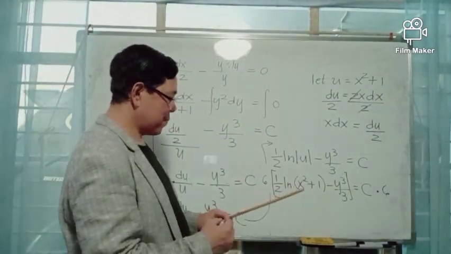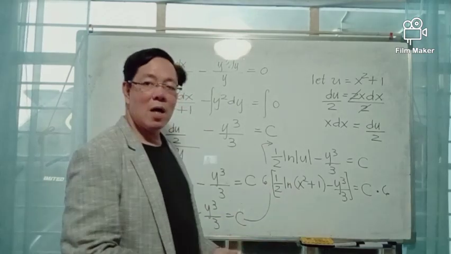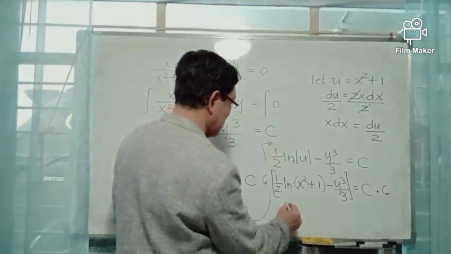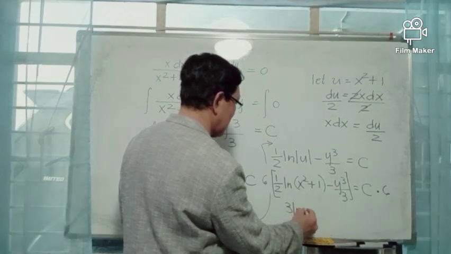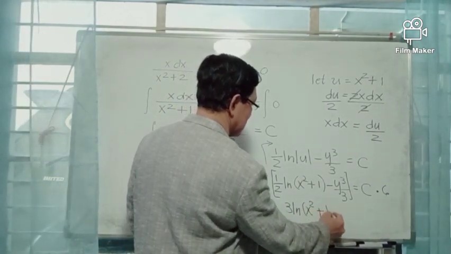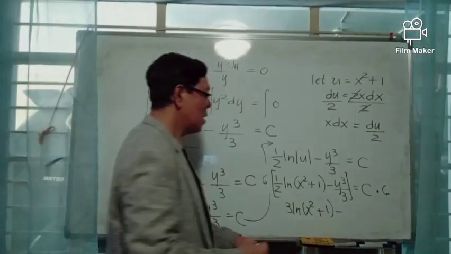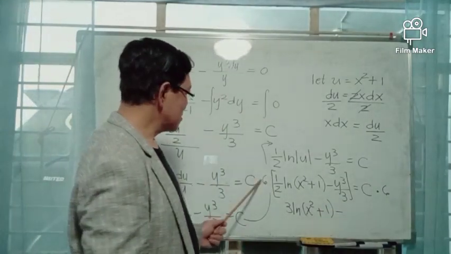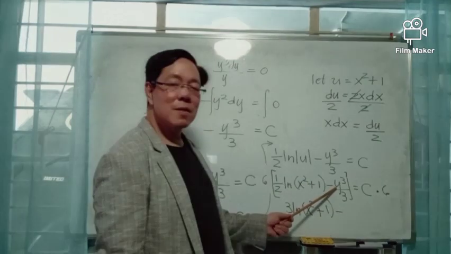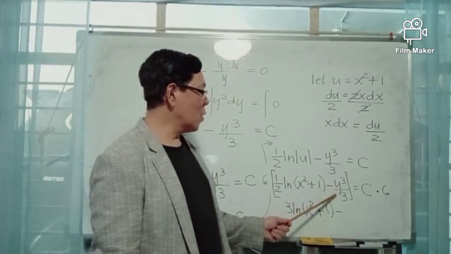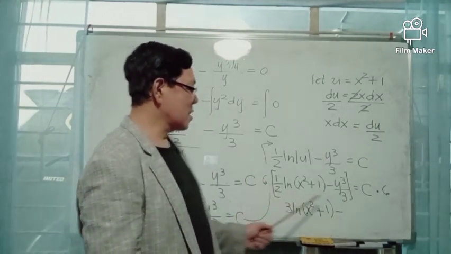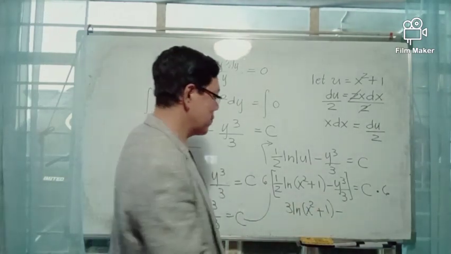We have 6 multiplied by 1/2, or 6 divided by 2 is 3. We have 3 ln of x squared plus 1 minus 6 multiplied by negative y cubed over 3 simplifies to 2 because 6 divided by 3 is 2.